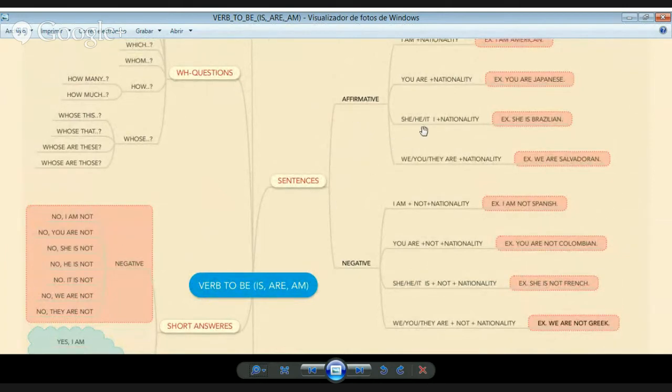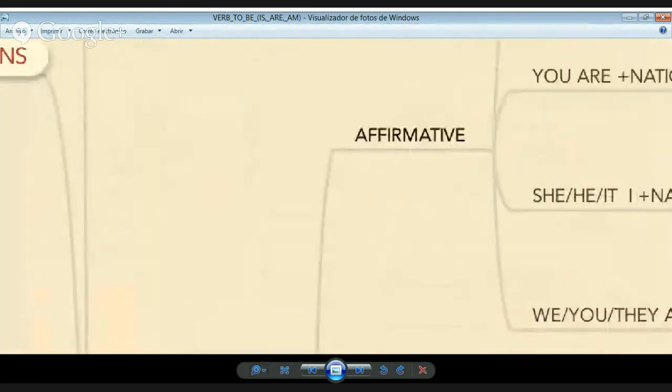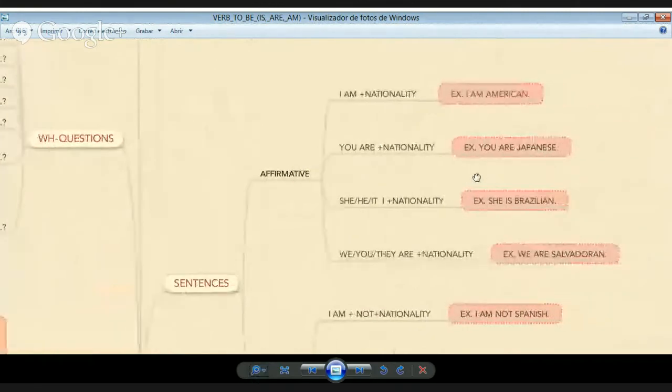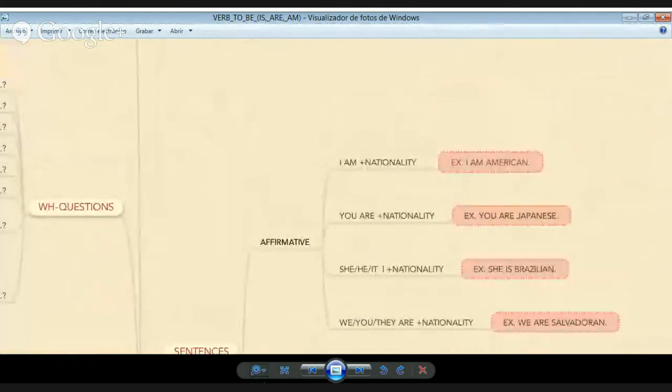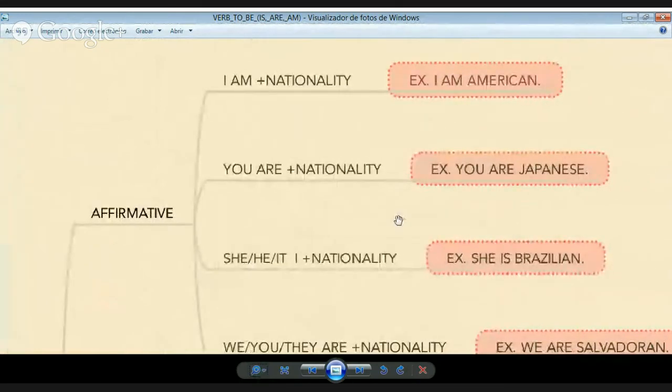Si nos acercamos un poco más y vemos la forma de aplicación de las oraciones afirmativas en inglés, van a encontrar esto. So you have, si queremos aplicarla, sería I am plus the nationality. Example, I am American. So you can say, I am American, I am Salvadorian, I am Mexican, I am Polish.